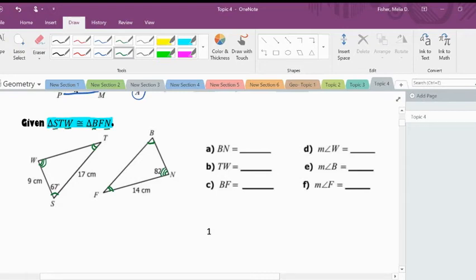So SW is 9 centimeters. So that should be the same as SW, which equaled 9 centimeters.